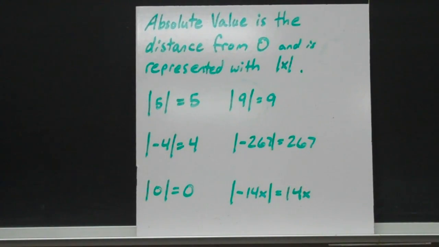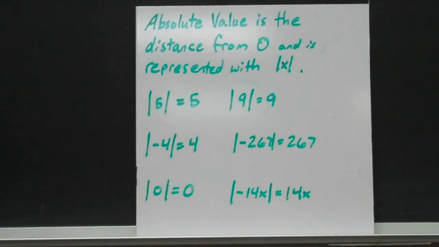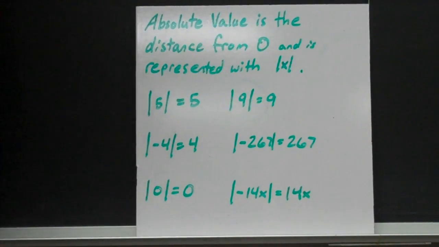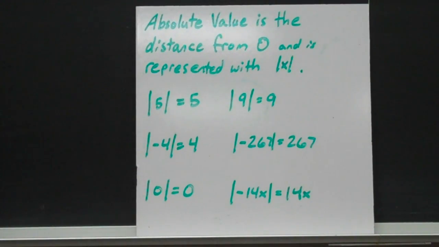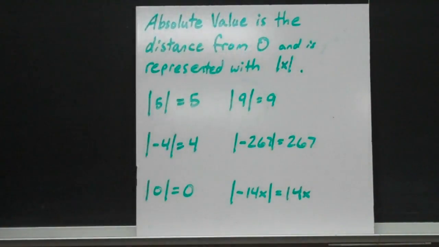Negative 4 is 4 units away from 0. The absolute value of negative 267 is positive 267. The absolute value of 0 is 0. 0 is 0 units away from 0.